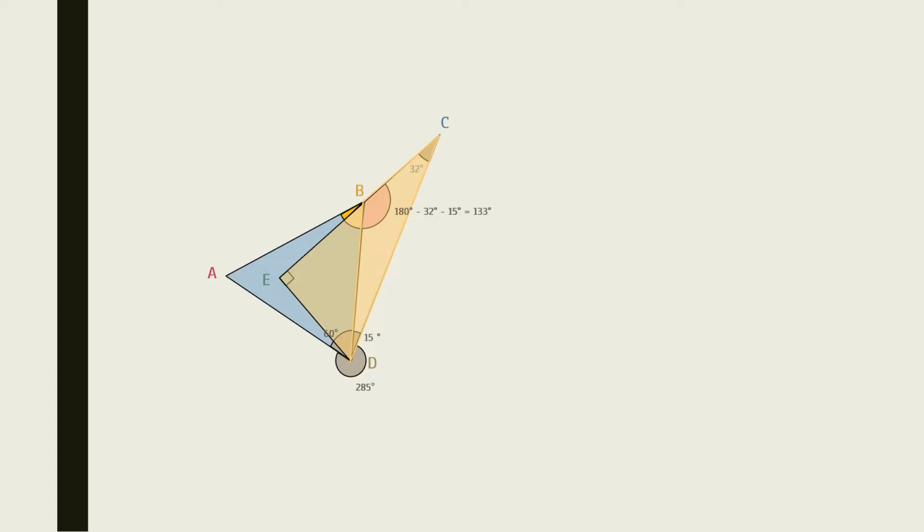Since both mystery angles lie on a line, as stated in our plan before, we can simply take 180 degrees minus 133 degrees to find the second mystery angle, EBD, which equals 47 degrees. Now that we have both of our mystery angles, we can finally use the property of an equilateral triangle to find our final angle by taking 60 degrees minus 47 degrees, which gives us our final answer, 13 degrees.